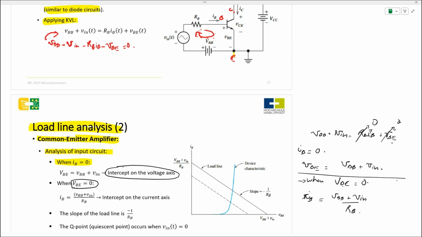Why did we do this? So we can know the curve. Here we have our VBE and we have our IB.